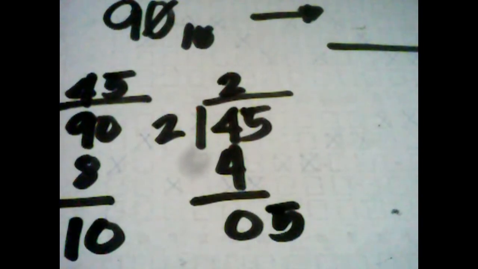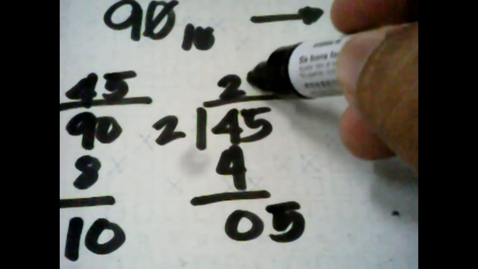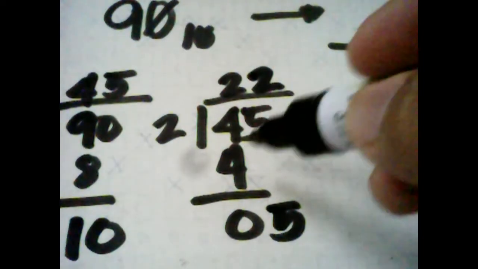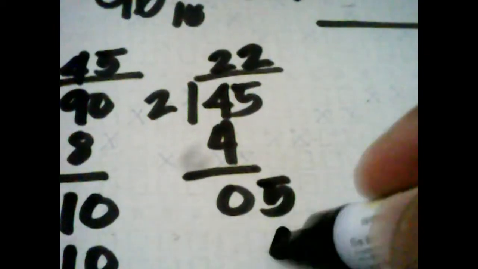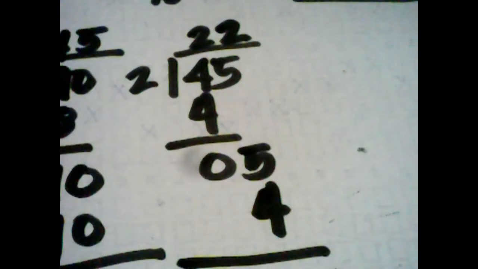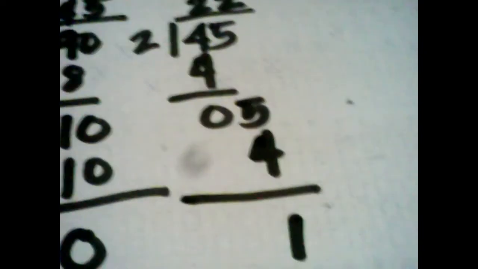We are going to bring down 5. 5 will be divided by 2. So we have 2. The product of 2 and 2 is 4. The difference of 5 and 4 is 1. Okay? So that is our remainder.